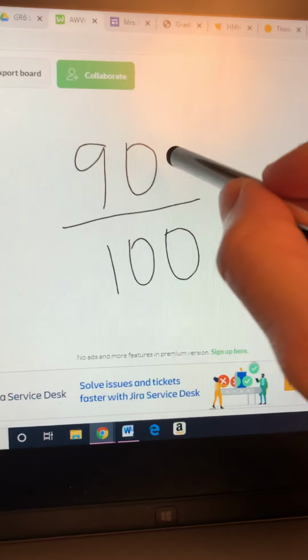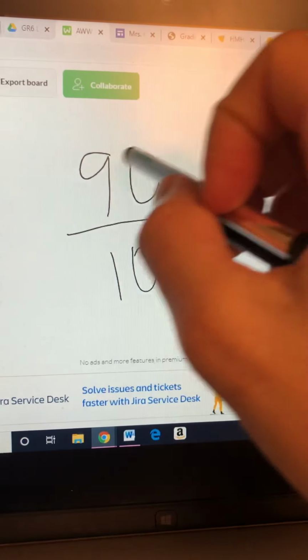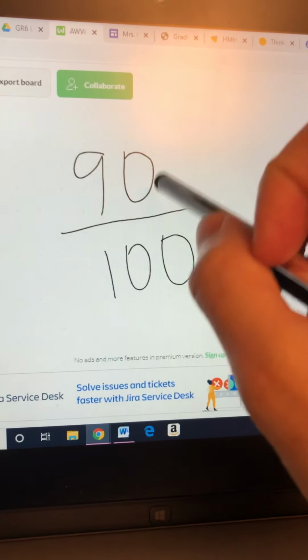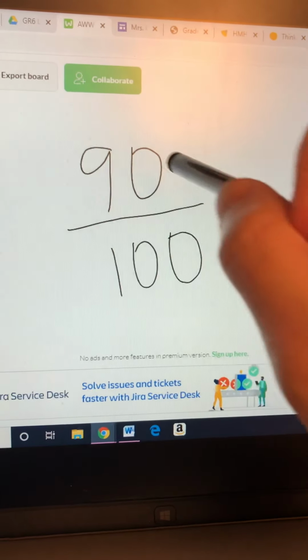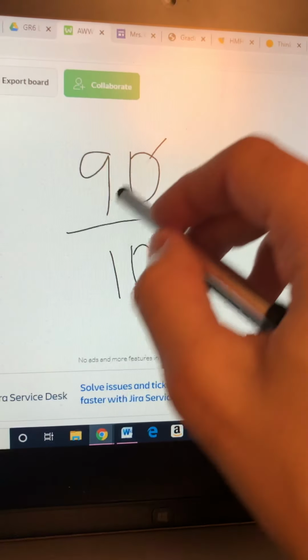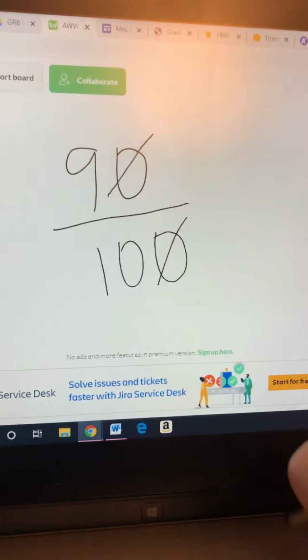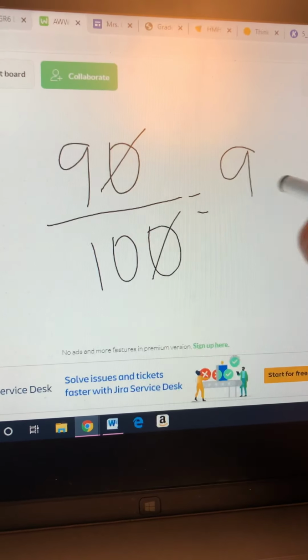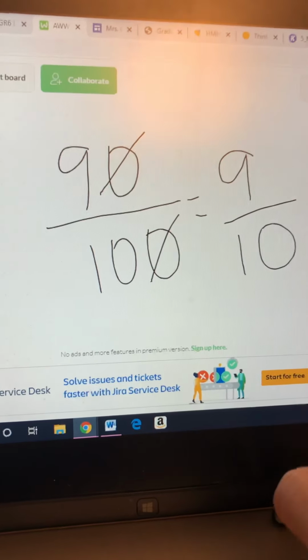If you have zeros in your numerator, you cancel out the same amount of zeros on your denominator. Given that I have one zero here, it's going to cancel out with one of the zeros in my denominator. So this would be equal to 9/10.